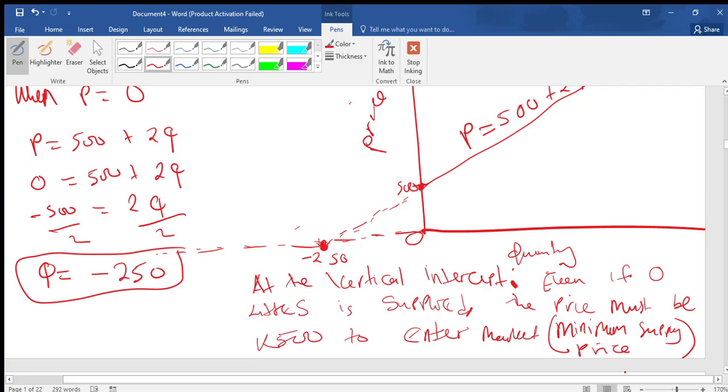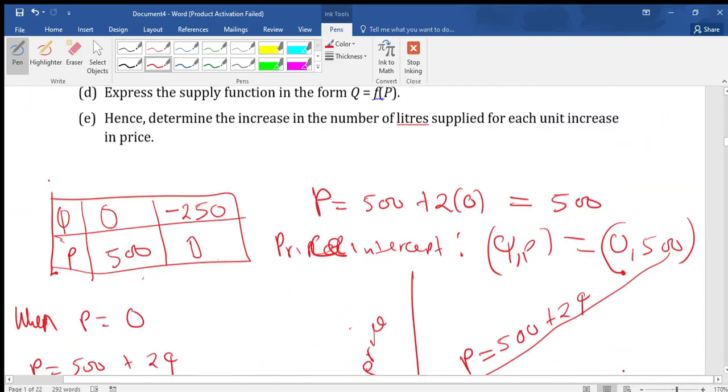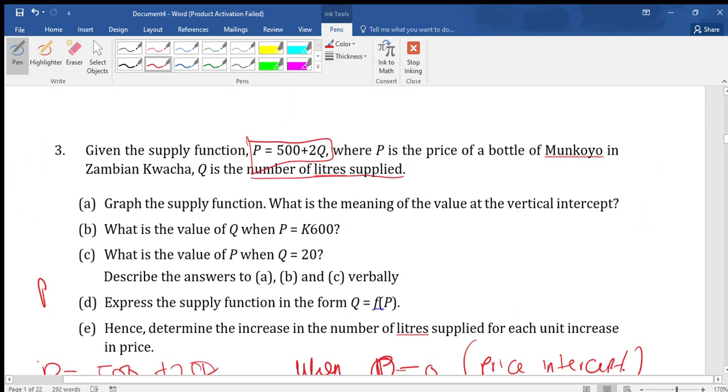We are okay? So we've answered the first part. The second part says find the value of Q when price is equal to 600 kwacha. That's very simple, just using the same equation, 500 plus 2Q. You are looking for the value of Q when P is equal to 600 kwacha.